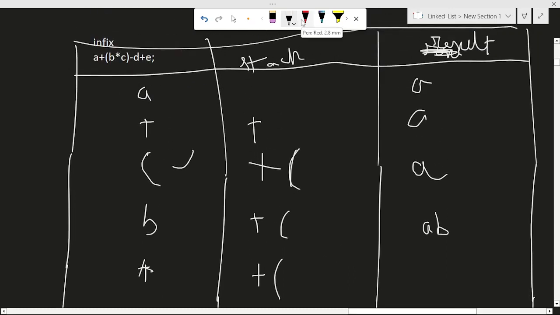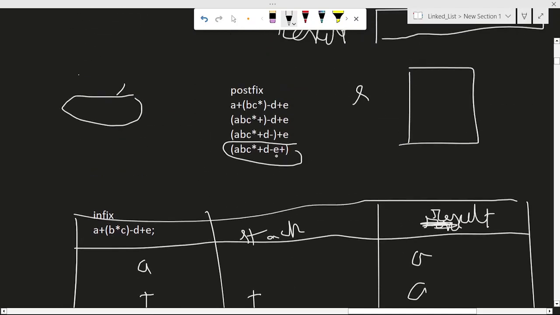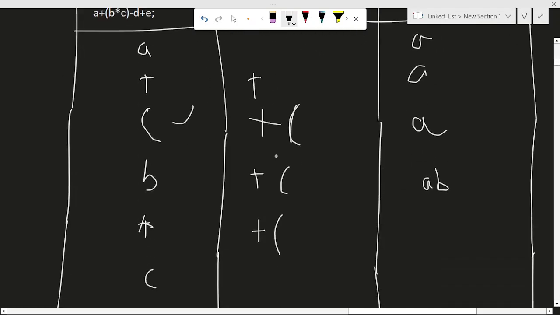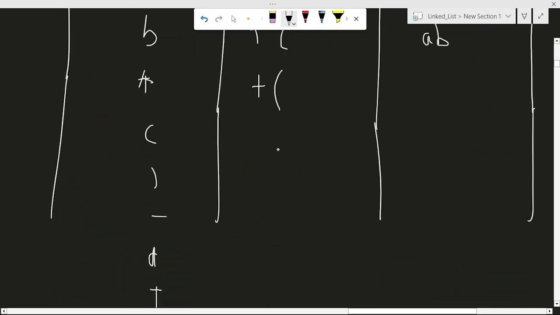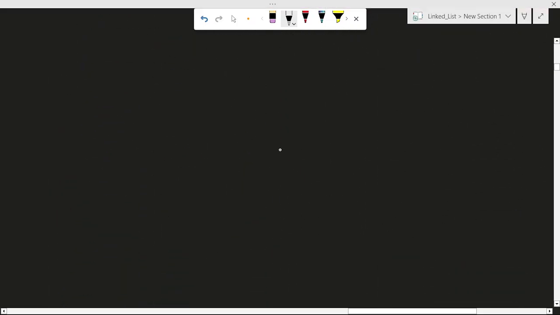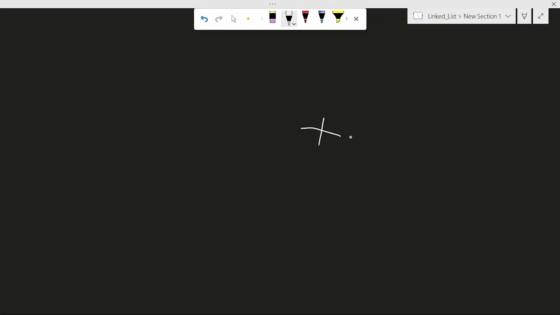Let me explain one thing here. For the stack, how it works is: in the stack you will load plus, then the next character in the input string will be star. Star means operator, so you need to push it into this stack, right?